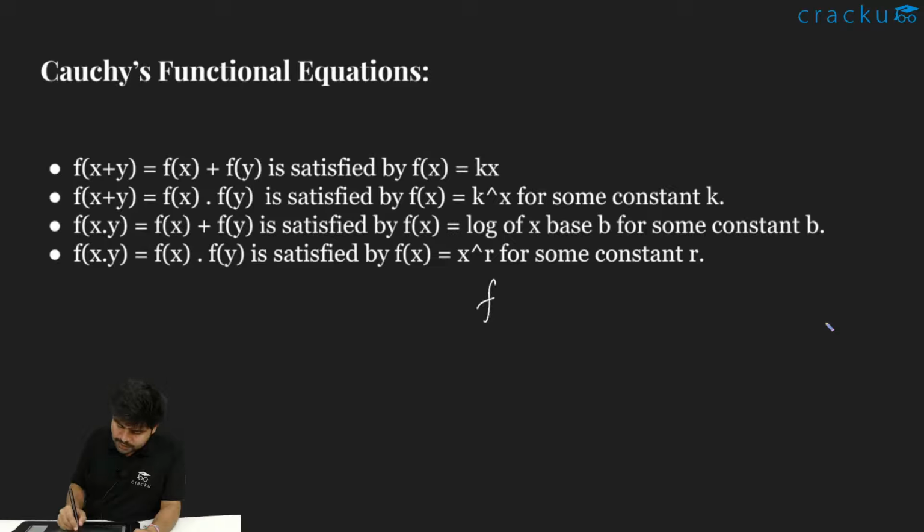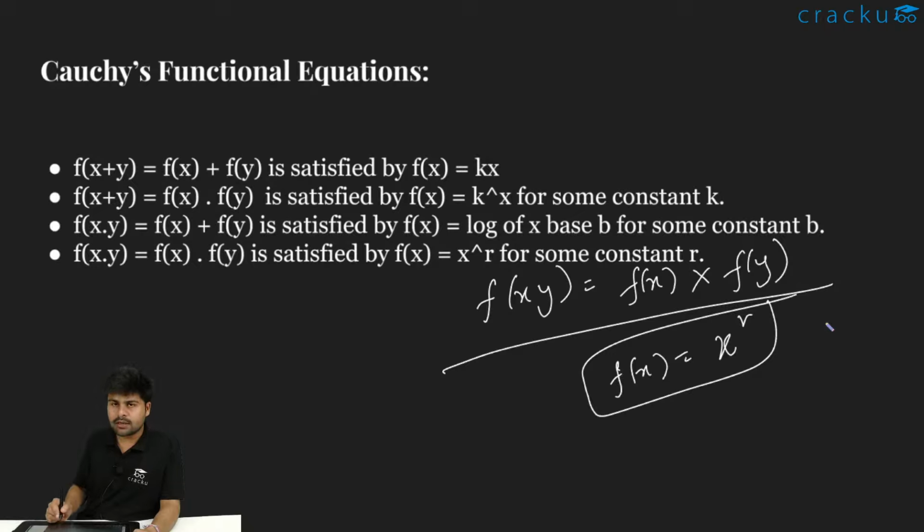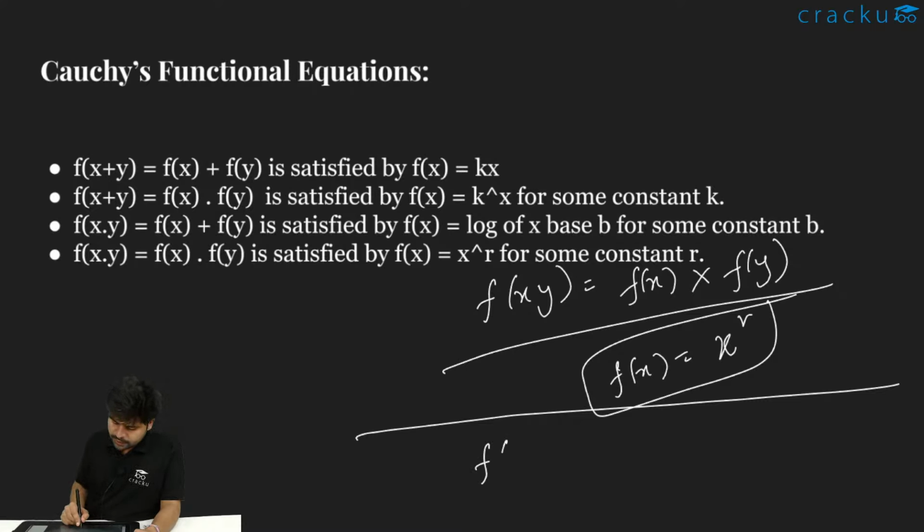So if f(xy) is given such that it equals f(x) times f(y), then this is satisfied by f(x) = x raised to the power r for some constant r. That constant r can be anything. But let's see how this is satisfied exactly. Consider f(k), which will be k raised to the power of r. f(m) will be m raised to the power of r.